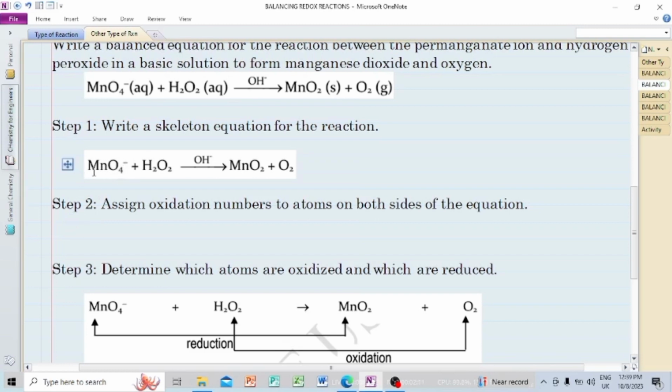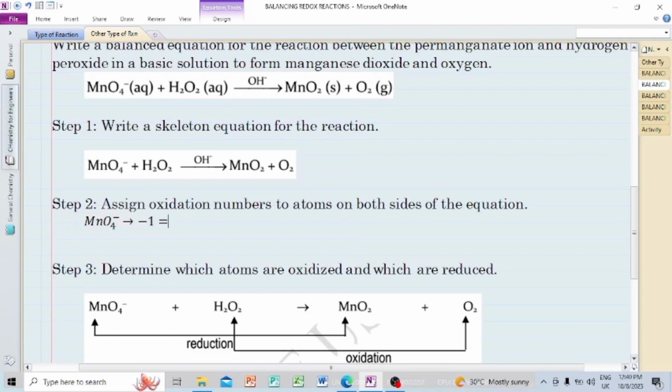So let's start with the first ion. Mn on the reactant side, we have MnO4 negative. We need to remember that for a polyatomic ion, the sum of the oxidation numbers is equal to the charge of the ion. In this example, the charge of our ion is -1.